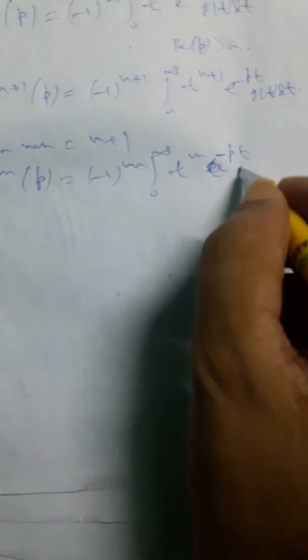If we take m equal to n plus 1, we get G^(m)(p), that is (-1)^m times the integral from 0 to infinity of t^m e to the power minus pt g(t) dt. So it is already clear that this result is true for n equal to m plus 1.